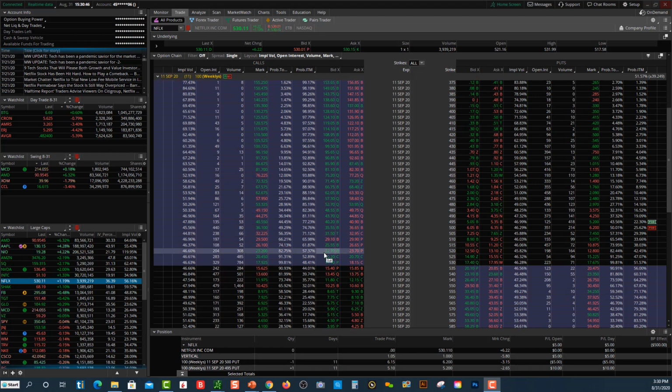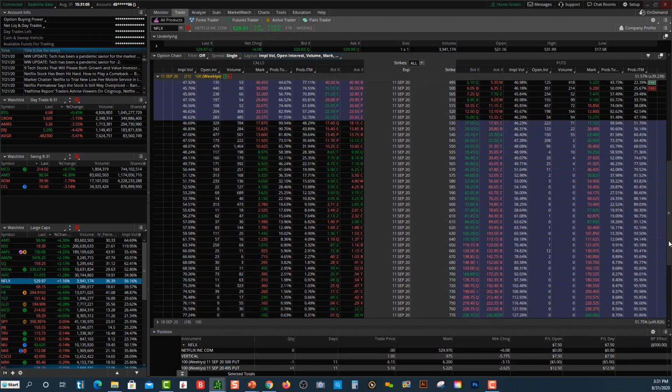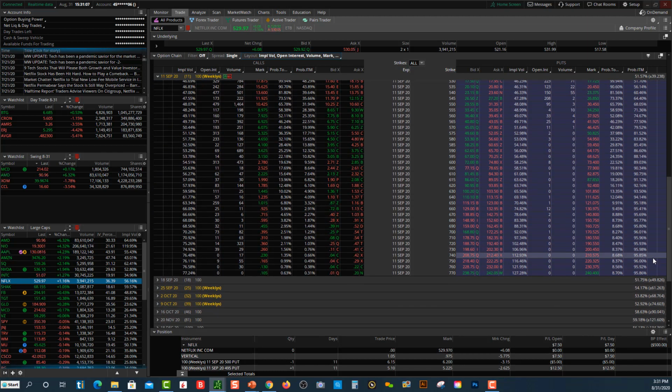As you can see, the deeper in the money you go on the call side, the odds that it expires in the money at expiration are much higher. That's why you'll pay much higher for the options contract. Then you'll look on the other side, probability of in the money on the put side, the higher the price goes, the more you're going to pay.